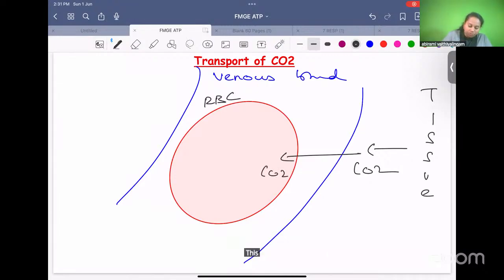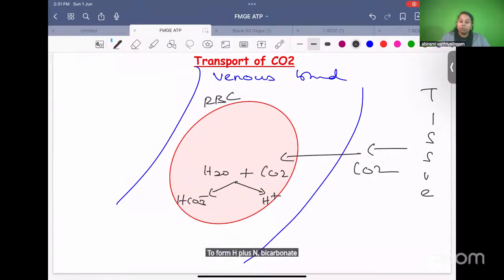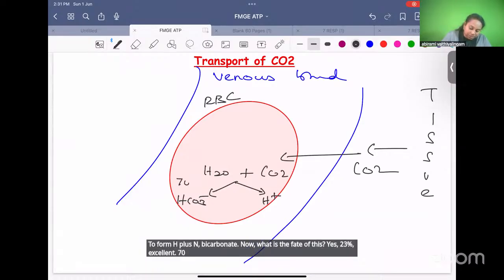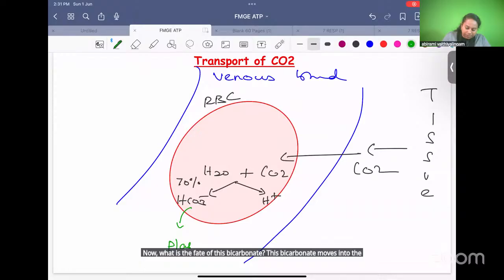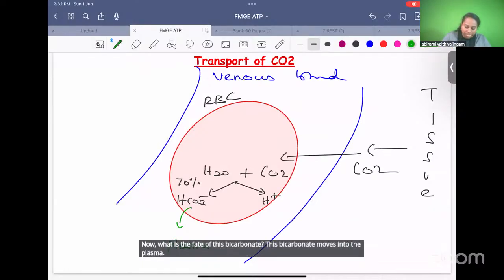What is the fate of this CO2 which enters into the venous blood? This CO2 combines with water to form H plus and bicarbonate. Now, what is the fate of this? 70% is transported as bicarbonate form. Now, what is the fate of this bicarbonate? This bicarbonate moves into the plasma in exchange for another anion. This is your recent repeat question.